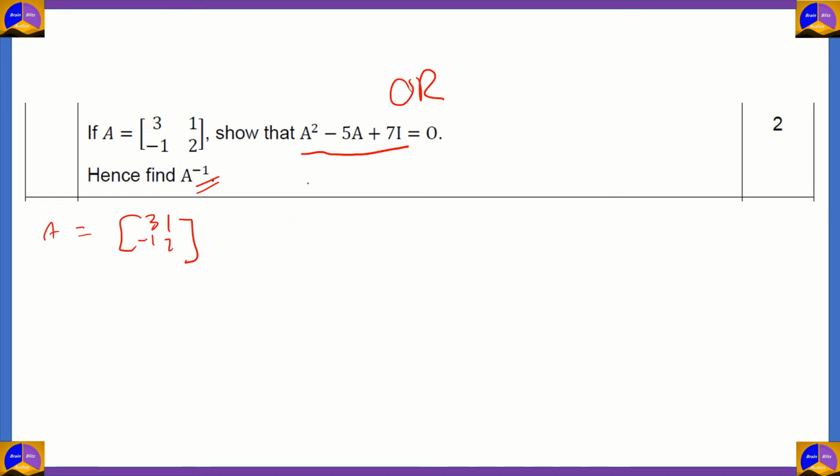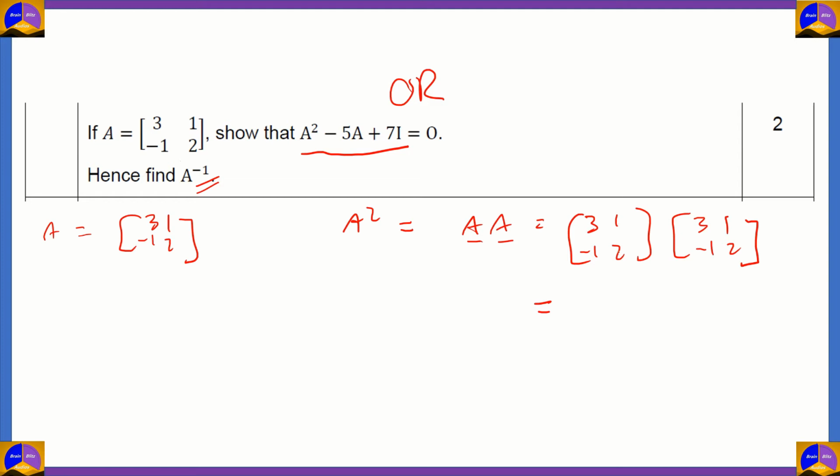So what we're going to do is find the values of A squared, 5A, and 7I. A squared, we can write as A times A, that is [3, 1; -1, 2] times [3, 1; -1, 2]. The reason I wrote it as A times A is because we're doing matrix multiplication, so writing a square on top of this is not the correct manner. 3 times 3 is 9, plus 1 times minus 1, that is minus 1. 3 times 1 is 3, 1 times 2 is 2, so 3 plus 2.